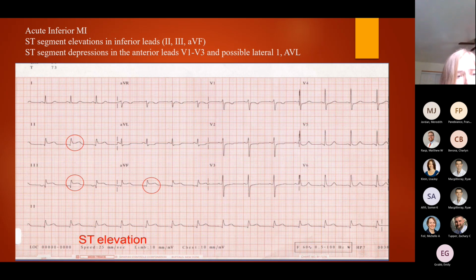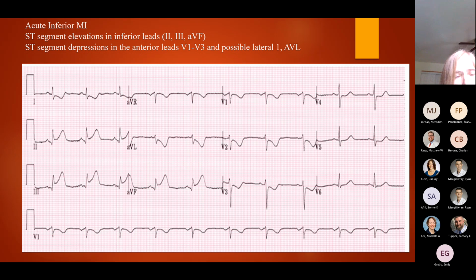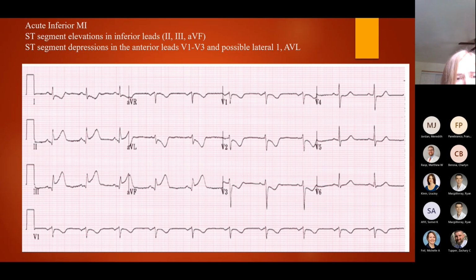So this is really an obvious acute inferior MI. You can see this huge elevation in leads 2, aVF, and 3. And you can see obvious depressions in V1, V2, V3, these leads, and actually lead 1 and aVL.